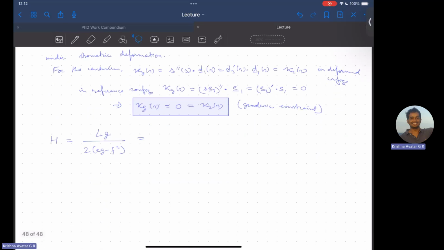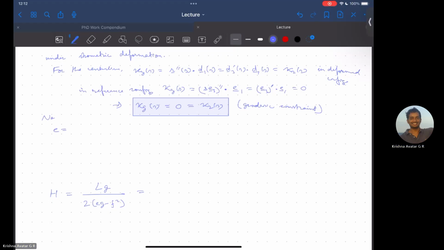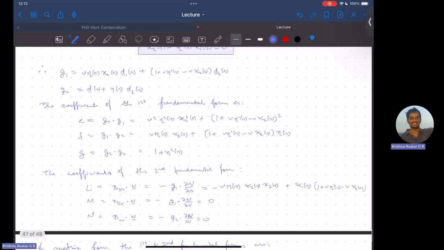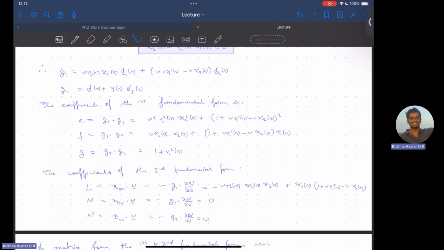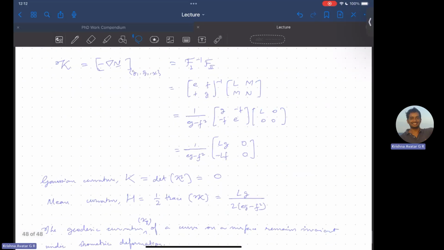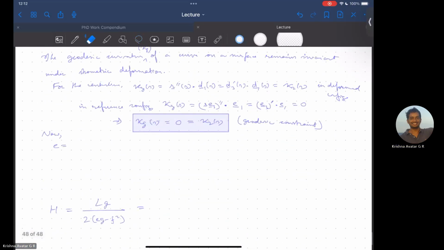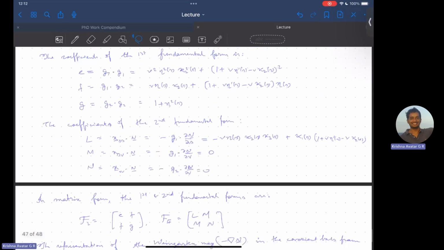So now let's put what E, F, G, and L are. Now E is equal to, so the kappa 2 terms will go away, so we'll have just this term: 1 plus nu prime. Quite simplified.